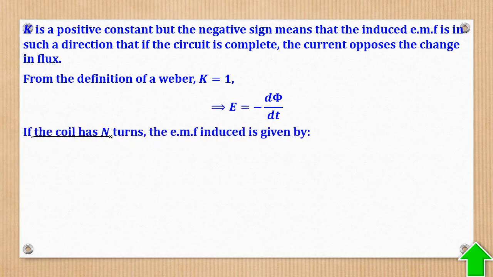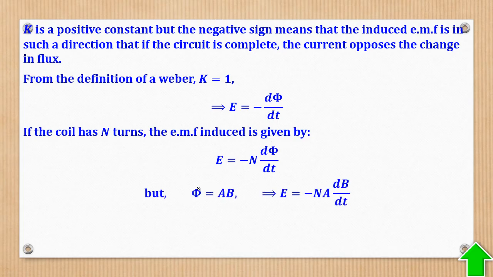Now, if the coil has N turns, the EMF induced will be given by E equal to negative N d phi by dt. But we know that flux phi is equal to AB, so I'll substitute for AB. Why have I put A this side?